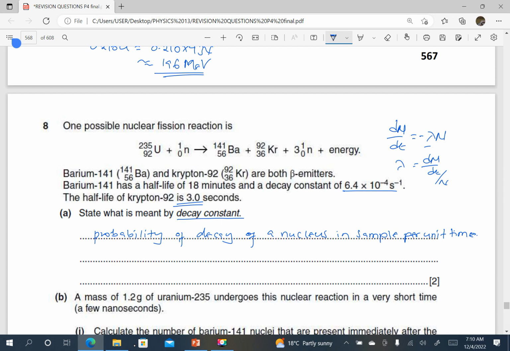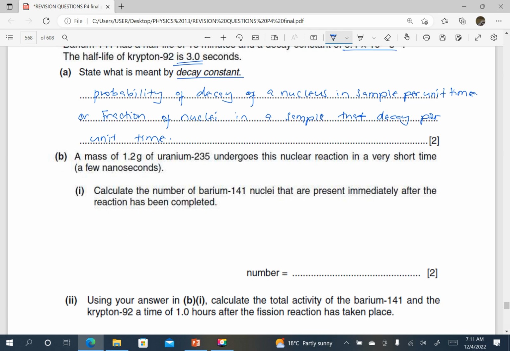In fact, we can say it is the fraction of nuclei in a sample that decay per unit time.